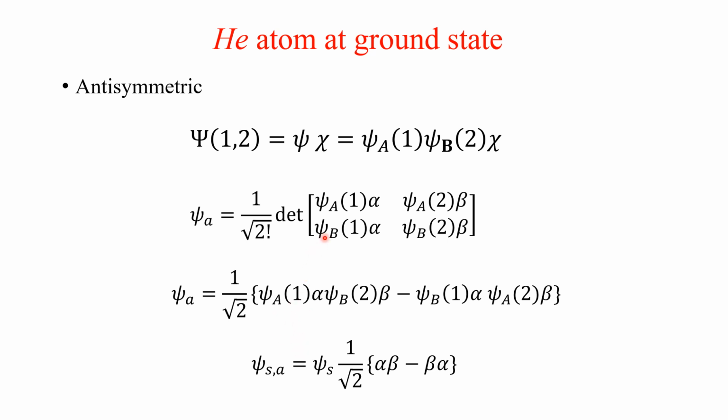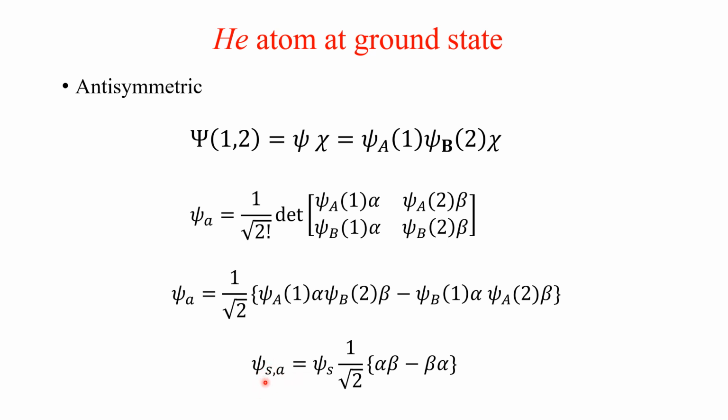If psi and chi are both antisymmetric, an antisymmetric multiplied with another antisymmetric gives a symmetric wave function. So either the radial part or the spin part of the wave function must be antisymmetric in order to have your total wave function antisymmetric.